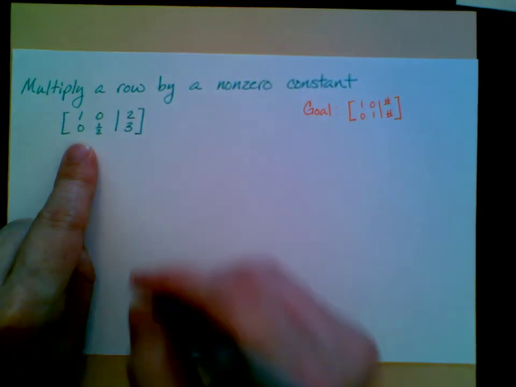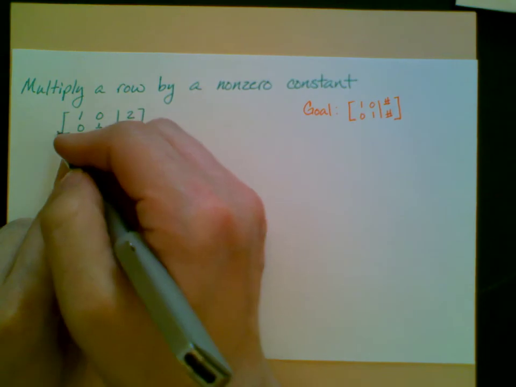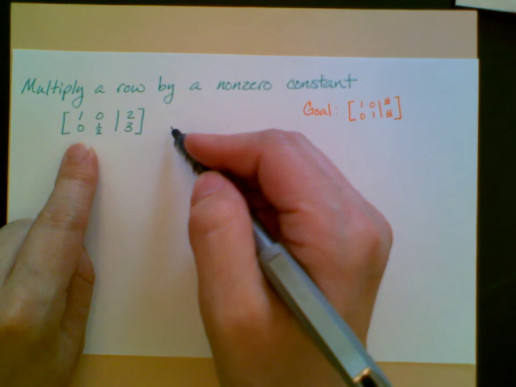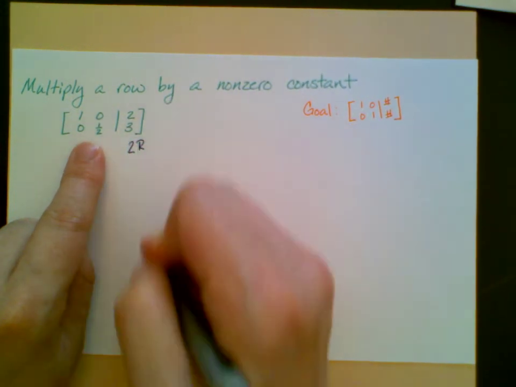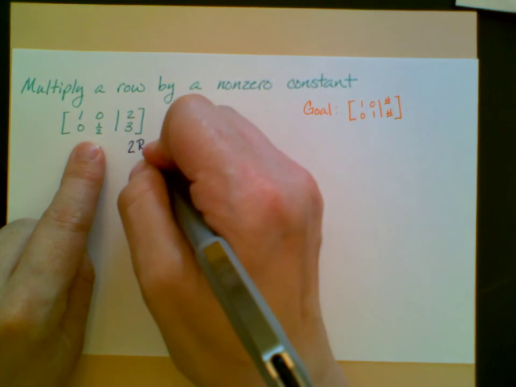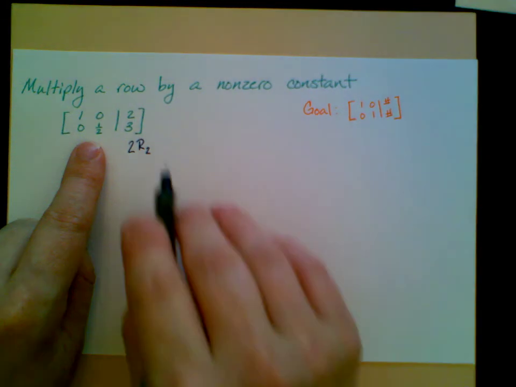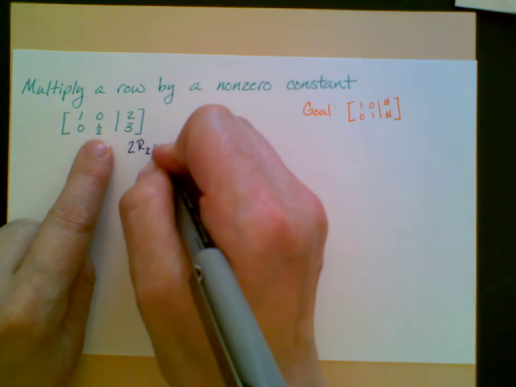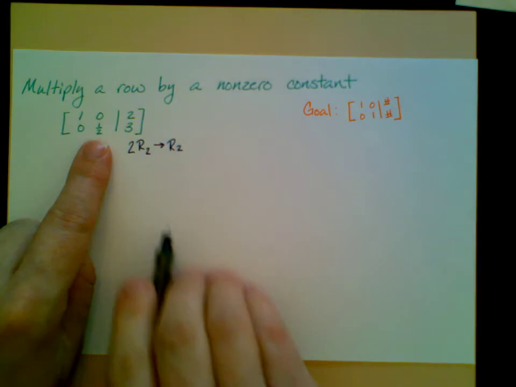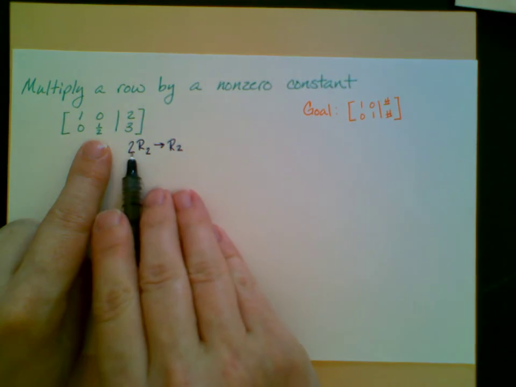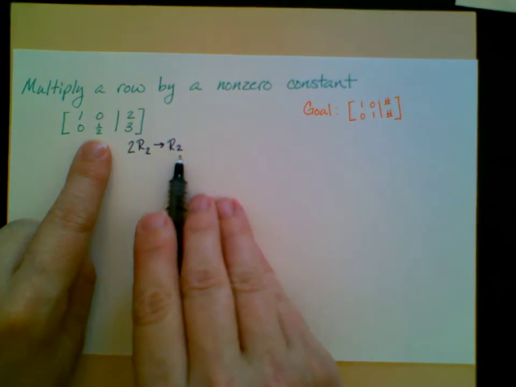Now I can't just come in here and multiply a single number. I do have to multiply the entire row. So I'm going to show you how we're going to write that. It's 2 times row 2, and then we are going to recopy that as row 2. So I'm going to multiply row 2 times 2, and I'm going to store this result in row 2.